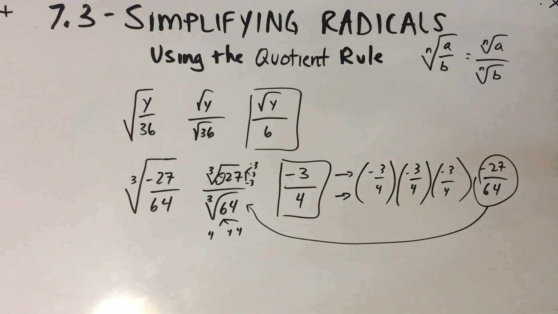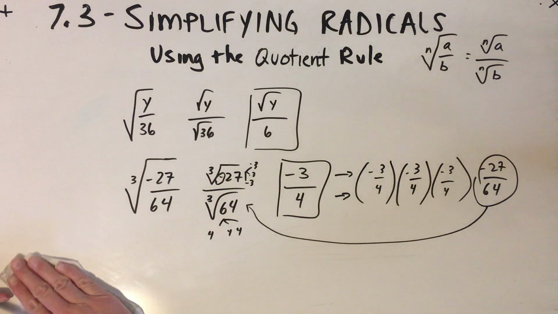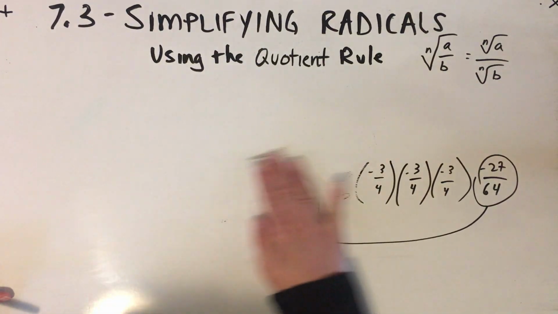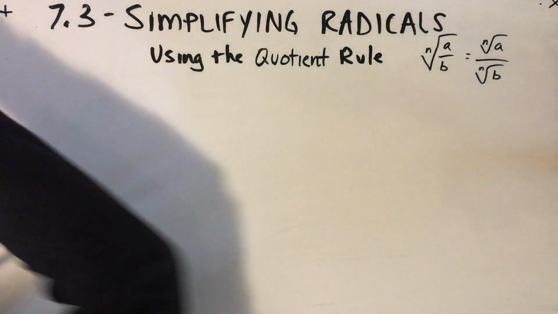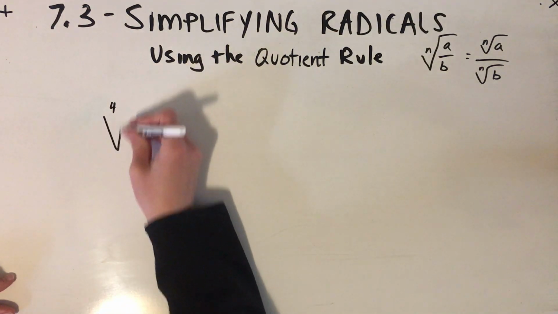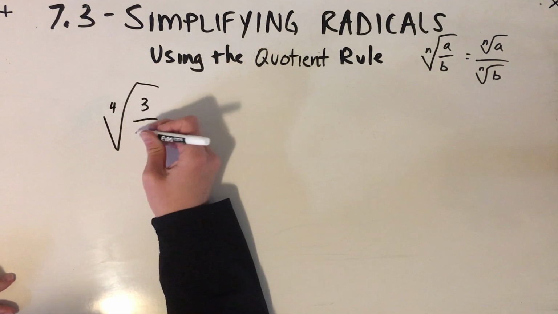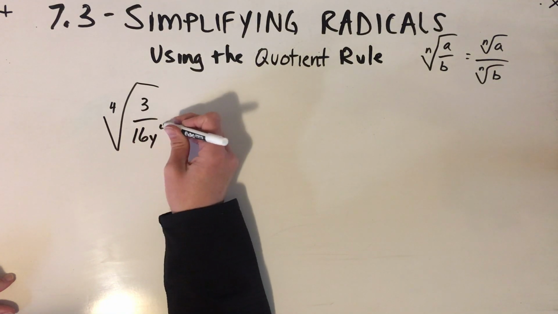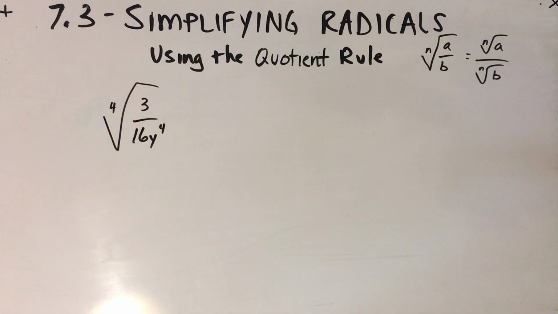Okay, so let's do one more for practice. I'll write it down and give you a minute to work on it. Well, actually, you should just pause the video and try to do this one yourself. So go ahead and work on that one for just a minute.